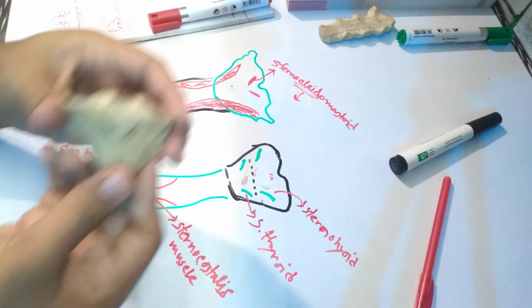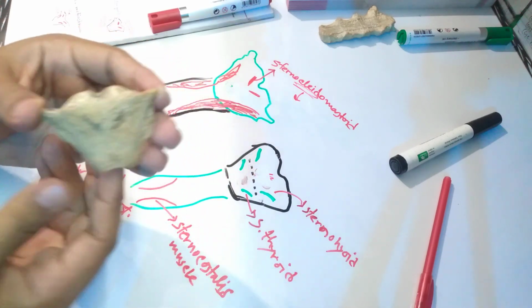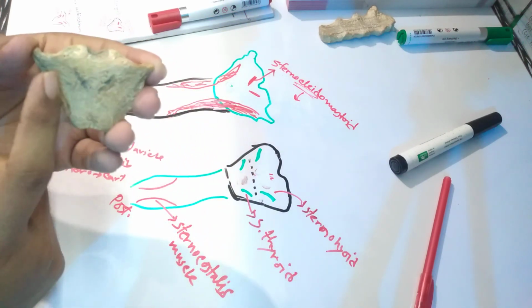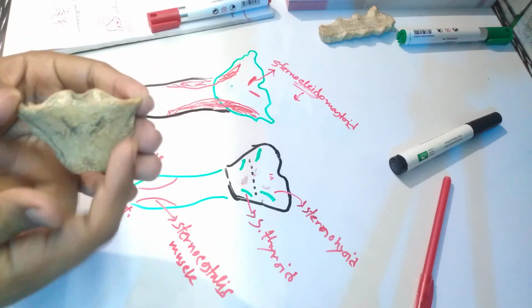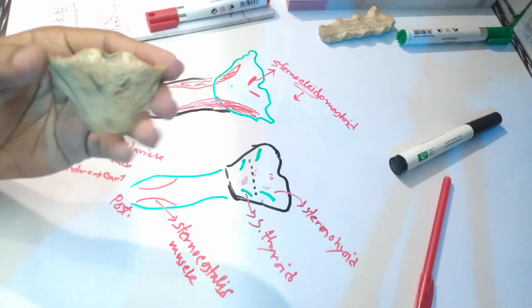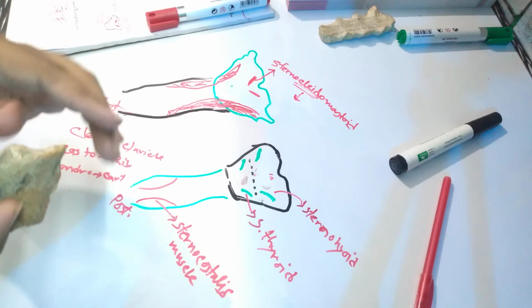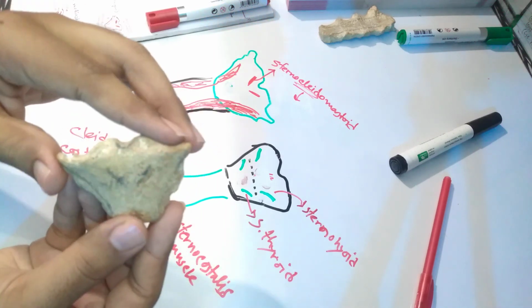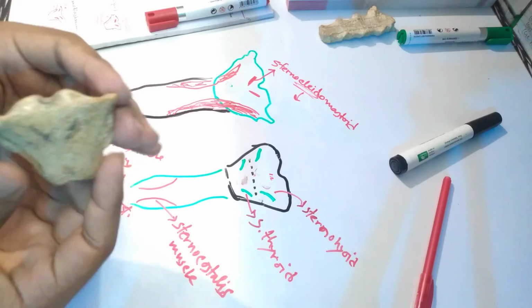This is the manubrium. The anterior surface of the manubrium is convex from side to side, and concave from above downwards. It has 4 borders and 2 surfaces.